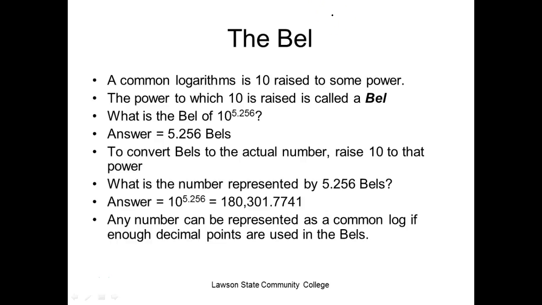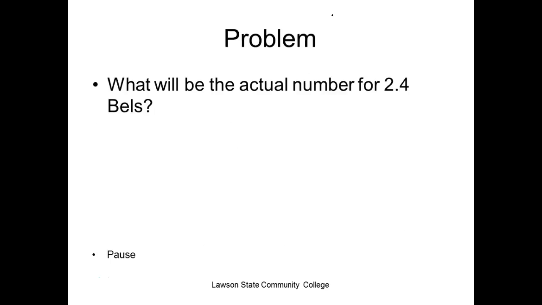So there's the number, right? What will be the actual number of 2.4 bells? 10 raised to the 2.4, which is going to be 100 and something. So I can look at that number. If I know powers of 10, 10 squared is 100, so it's going to be 100 and something.